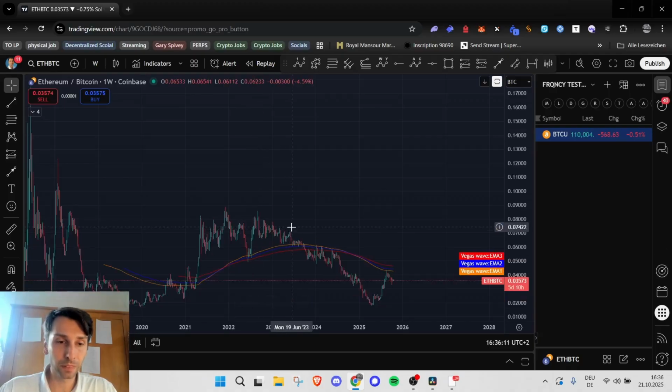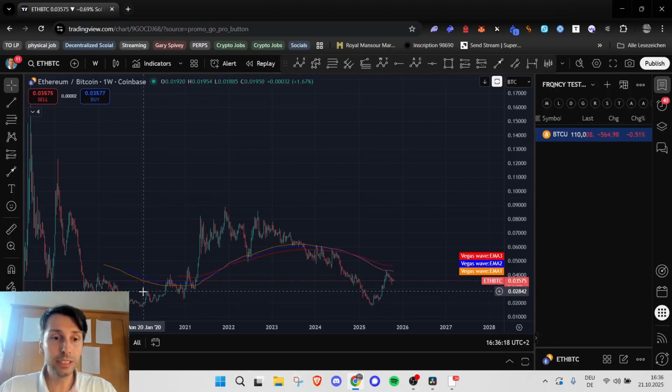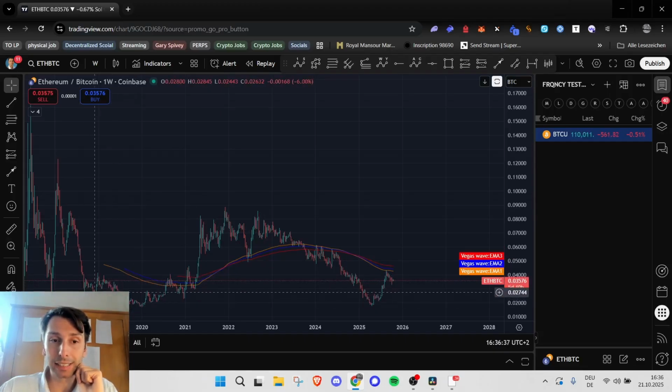So this chart basically says, okay, how is Ethereum doing versus Bitcoin? Also here you will see that Bitcoin has dominated Ethereum in the bear market and was outperformed in the bull market, right? Yet in the beginning of the last bull market, Bitcoin still outperformed Ethereum until the late stages of the bull market in the last year, basically.